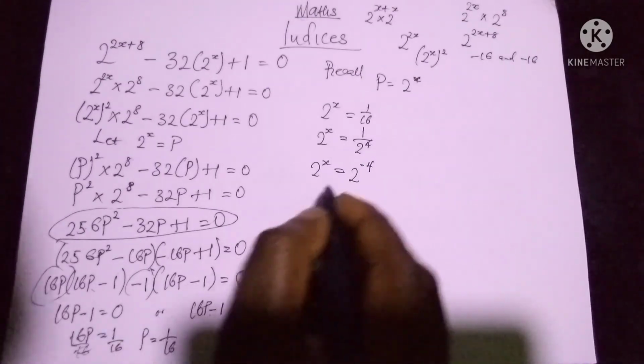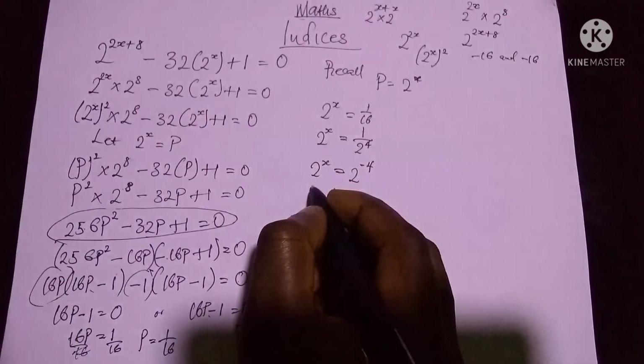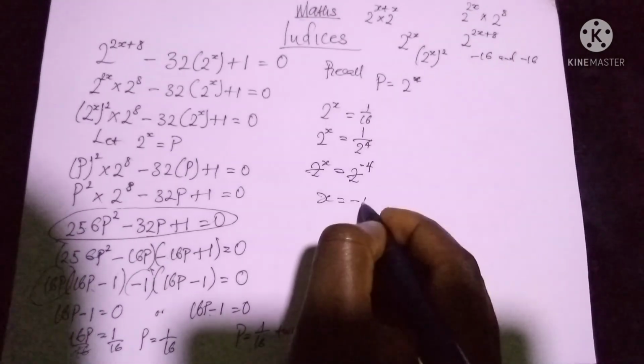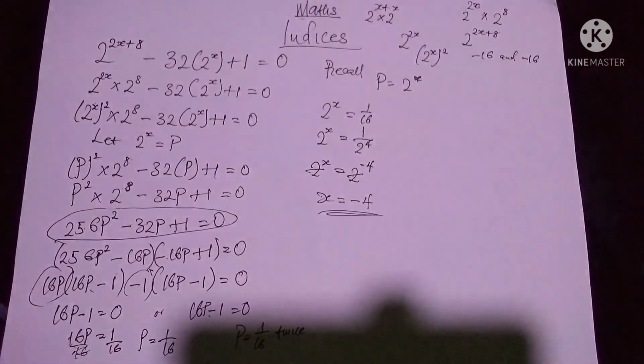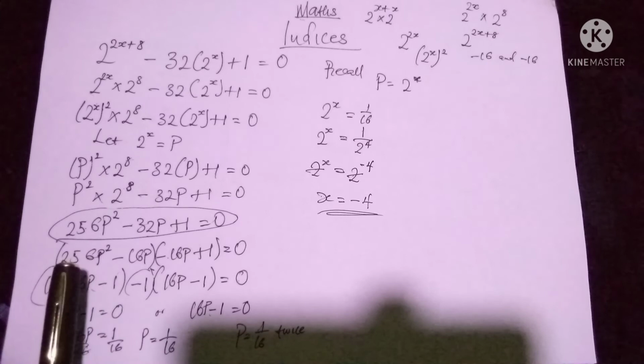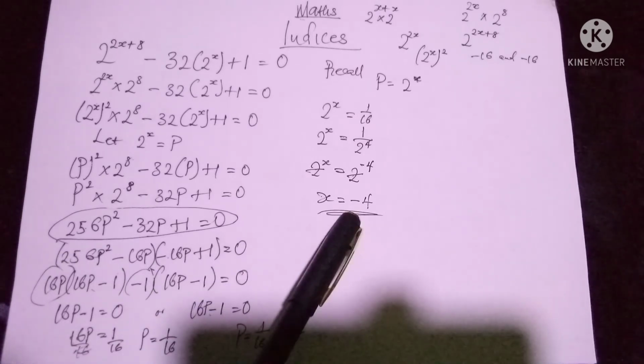So when we cancel out 2 and 2, x will be equal to negative 4, which is the correct answer to this problem. Bear with me, the light just went off. So this is the correct answer to this problem. x is equal to negative 4.